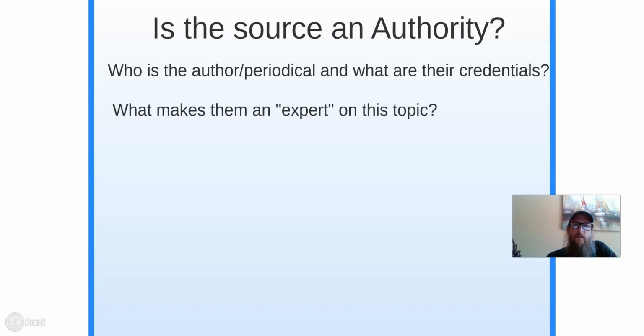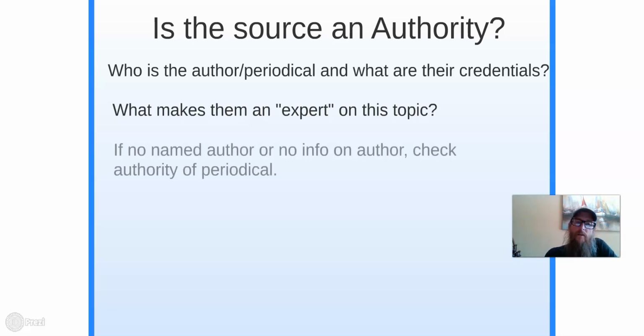Well, sometimes that can be credentials, meaning letters after their name. For example, if someone is writing an opinionated article about whether we should raise the minimum wage or not, we would expect them to have some credentials, perhaps as an economist or something like that, right?